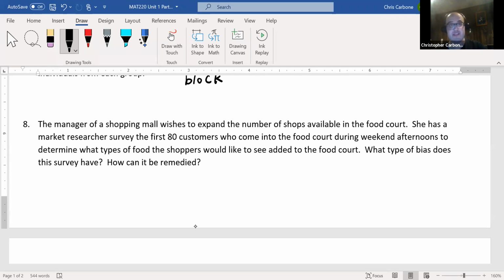What type of bias does this survey have, and then how can it be limited? So the bias in this case is going to be the sampling bias. Why is that? That is because they are just asking the first 80 customers who come into the food court during weekend afternoons.